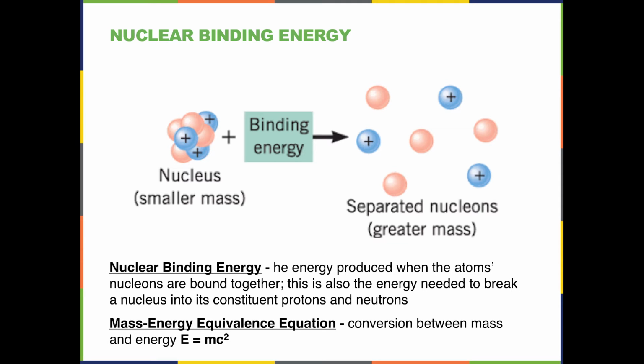So when you take the individual nucleons and calculate the sum of those together as a mass, and you subtract the slightly less mass of the nucleus as a whole, that mass deficit is then multiplied by the square of the speed of light, and you end up with the energy or nuclear binding energy that holds together the nucleus.